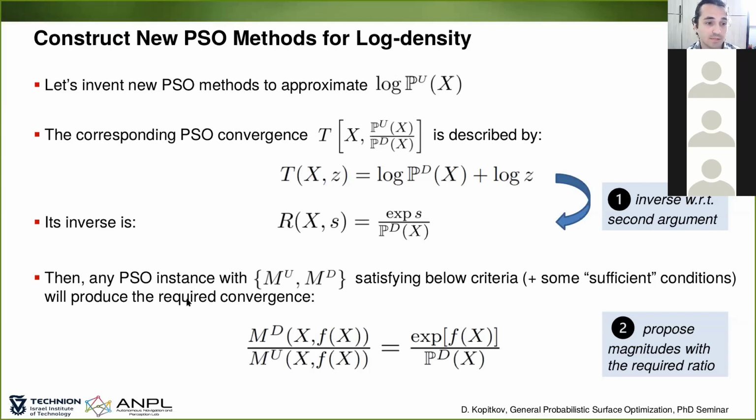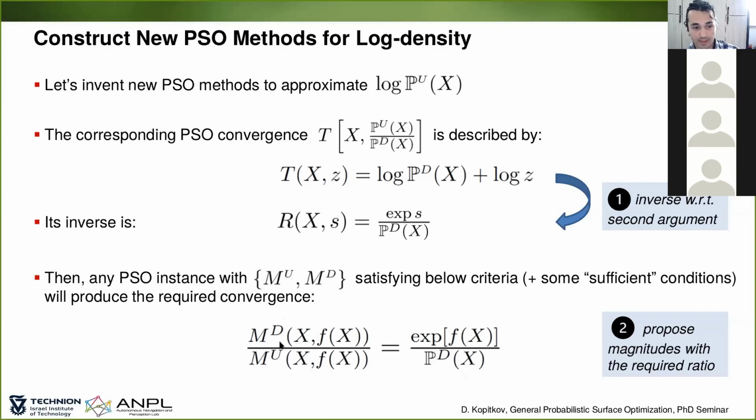Next, now that we have this R function, we can offer any two magnitude functions mu and md that satisfy this equation here. So we basically use the R and substitute it in at this side. Any two magnitude functions that satisfy it will give us the equilibrium at log PUX.